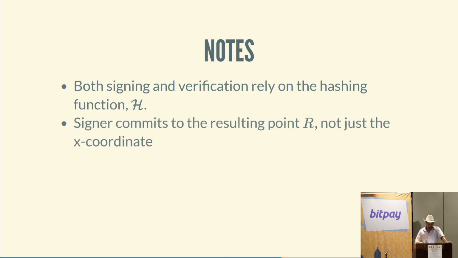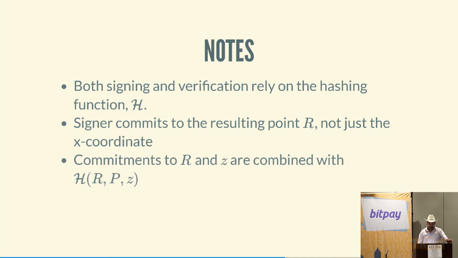And the signer commits to a resulting point, R, instead of just the X coordinate. And this is what gives us the magical properties that we're going to look at shortly. But it's not just the X coordinate, it's the entire point R. And that's huge because the commitments to R and Z are combined in a single hash instead of having different terms for it.